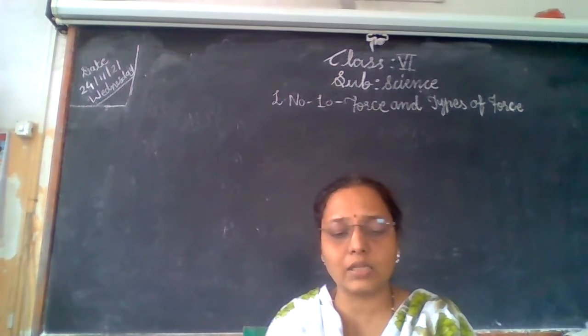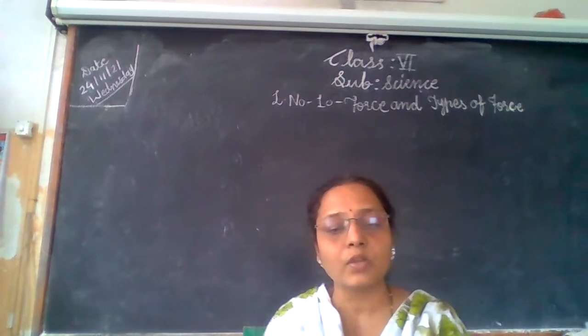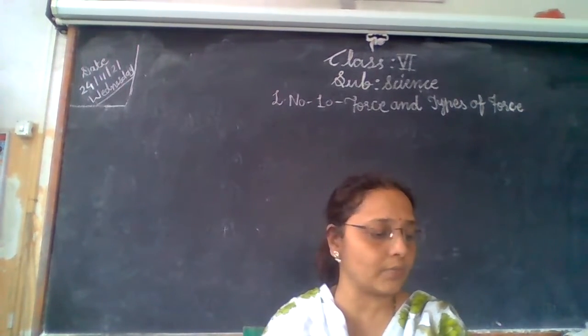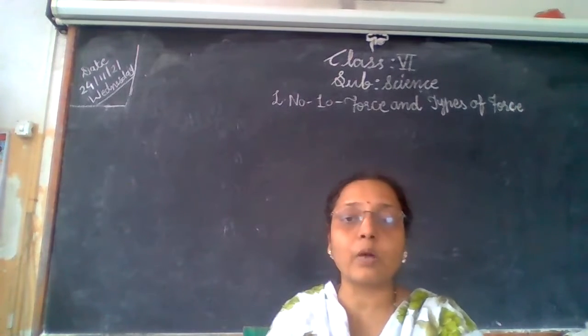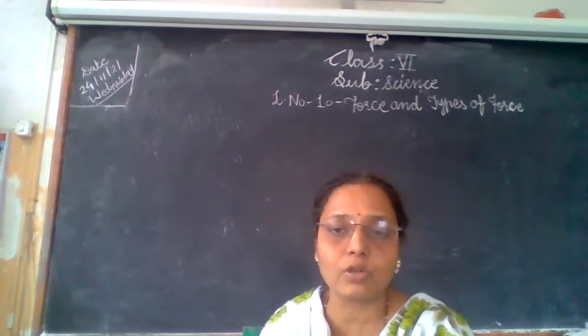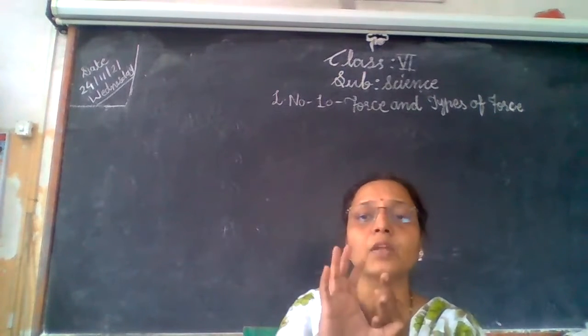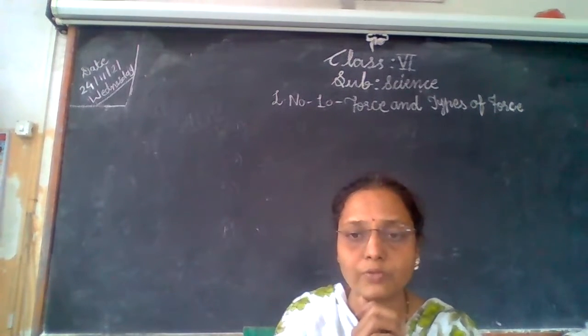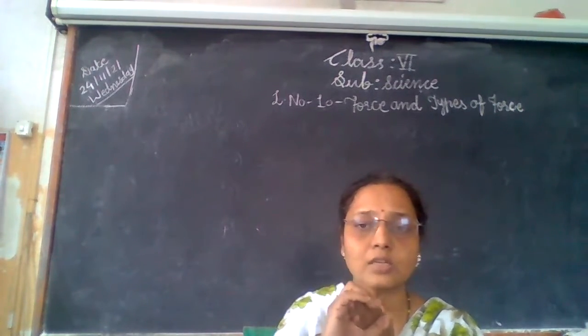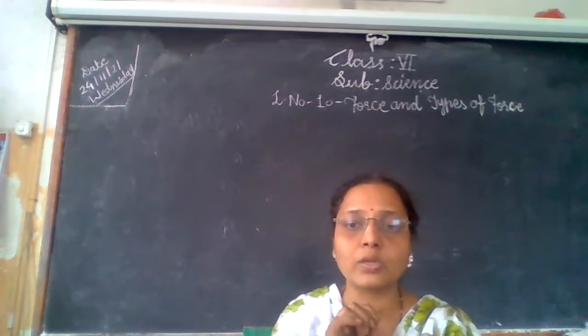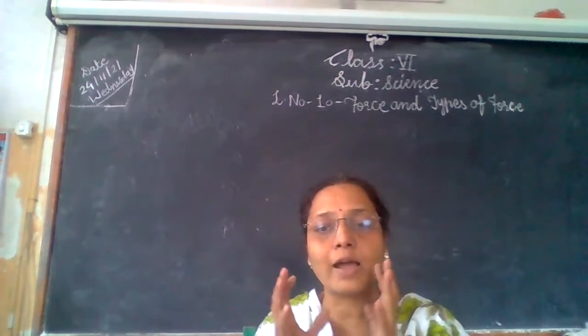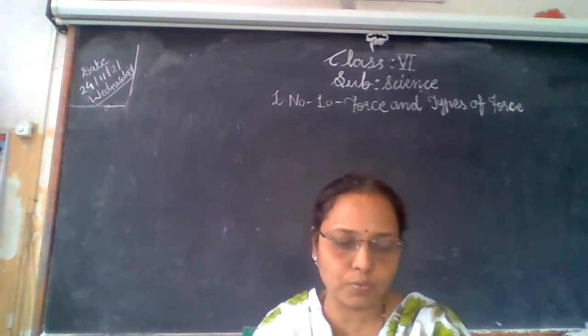Thus a force can increase the speed of an object. So these are some of the properties of the force. Force can move an object, force can stop a moving object, force can change the shape of the object, force can change the direction of the object. That is why the force is useful.